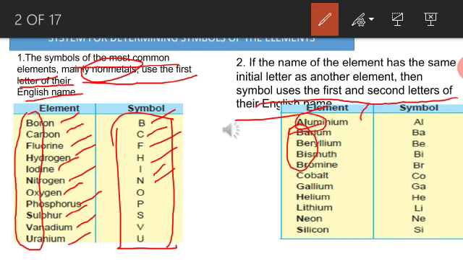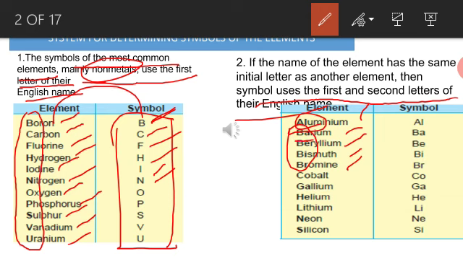We have to take the second letter also. Barium, beryllium, bismuth, bromine all start with B. We have already given B to boron, and again we cannot take another B. So we have to take the second letter.